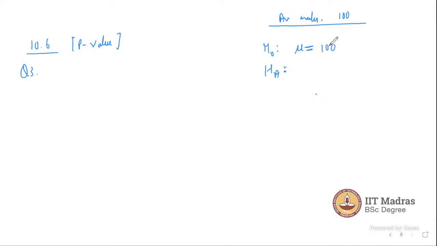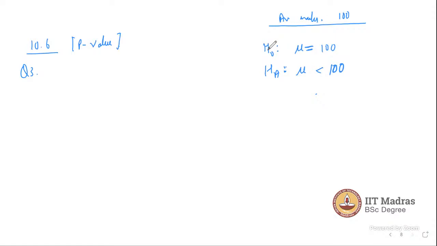But you suspect that the average is lower and want to check whether it is lower or not, so you take your alternative hypothesis to be mu less than 100. At some significance level you check whether you will accept or reject your null hypothesis. Generally the null hypothesis you take is simple, and the alternative is composite, or both can be simple. This is just one example that I have taken here.